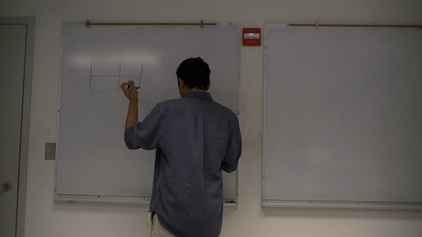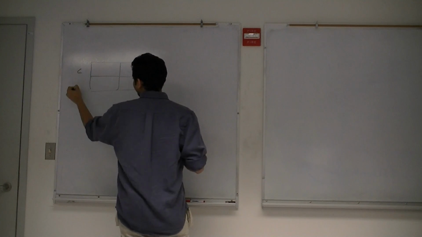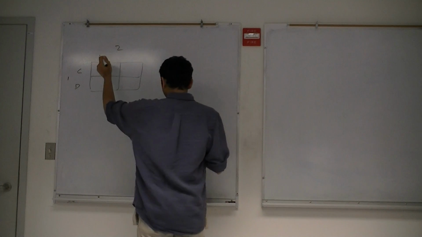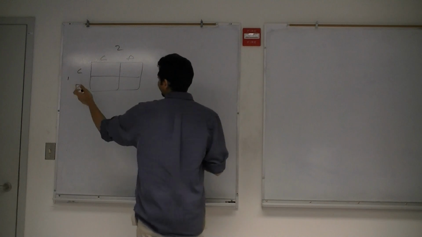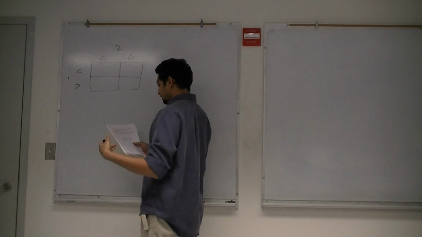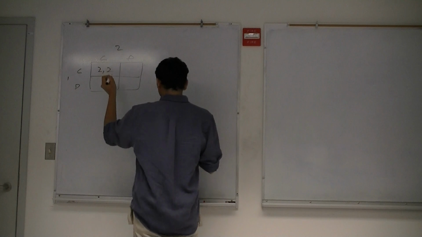I hope you remember the payoff matrix from last time. Let's say we again consider two players, 1 and 2, and we have strategies C and D. Let C be a cooperate strategy, and D be a defect strategy. So we enter the payoffs here.